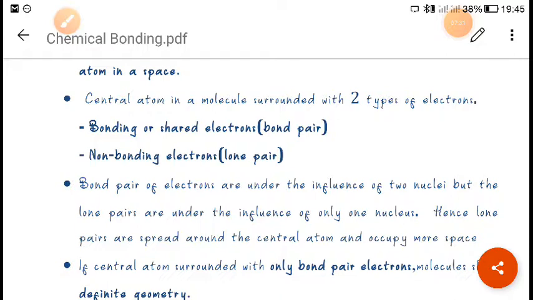As a result, the shape of the molecule will be symmetrical, and the molecule is said to have a regular geometry.